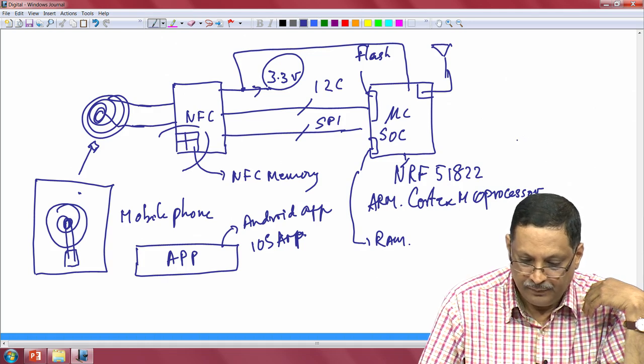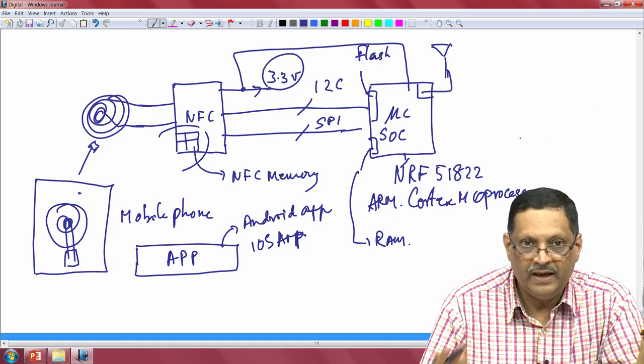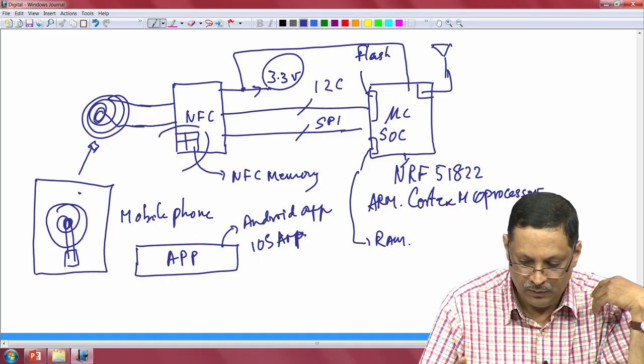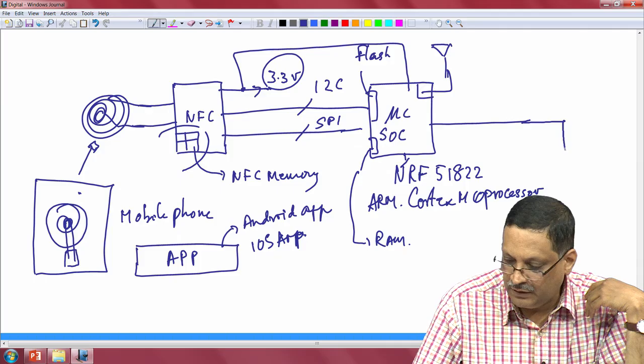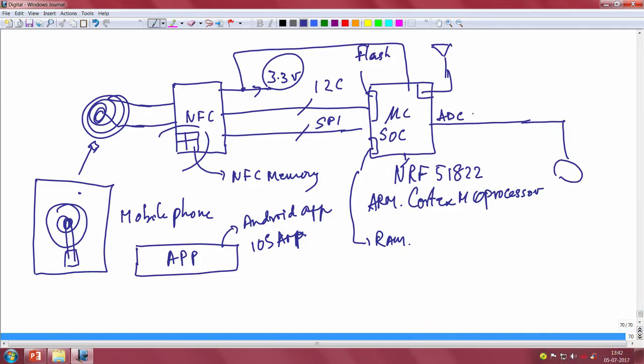Essentially, if you want to make a measurement using a sensor, let us say the sensor itself is connected to either the ADC port or GPIO port, depending on whether it is a digital sensor or an analog sensor. The whole chain is now up and running for you.